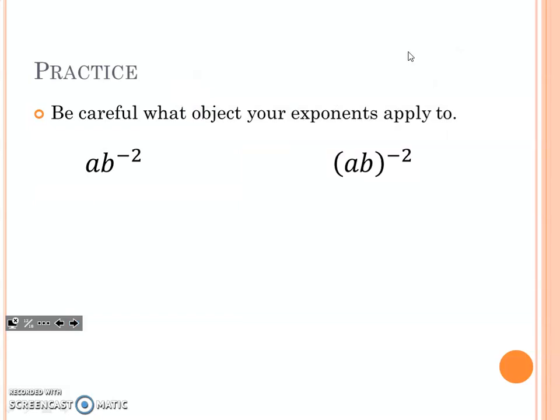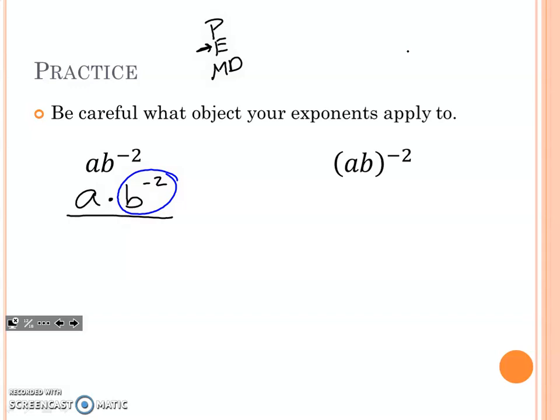One more thing that I want to show you guys, and this is also just kind of a caution one. Okay? Your exponents. Remember, PEMDAS. Exponents come before multiplication. So what I have up here is an a times a b to the negative 2 power. So the first thing that I need to do is deal with my exponent. And in this situation, that negative 2 is only with my b. It is not with my a.